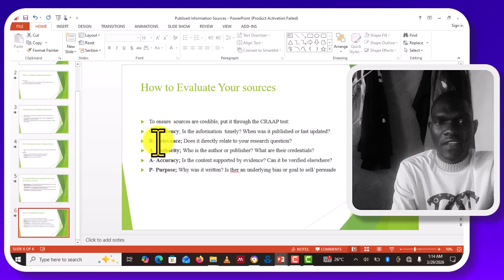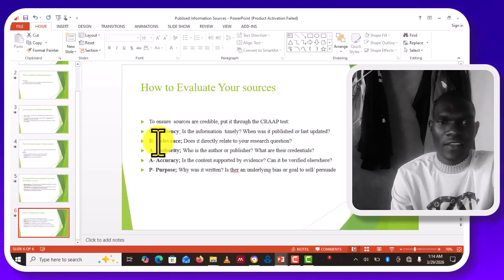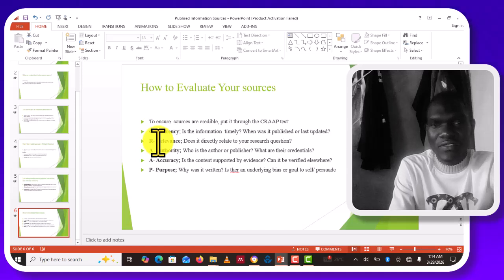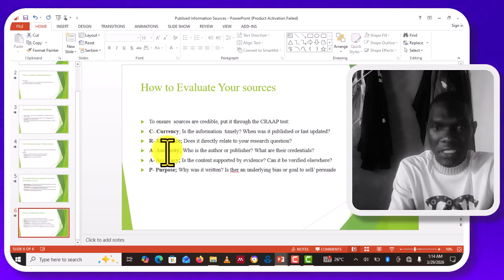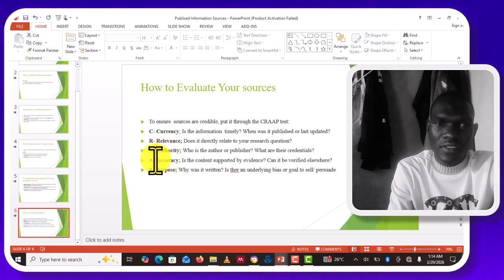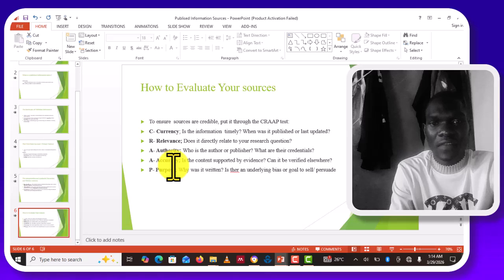R stands for relevance: does it directly relate to your research question? The third one is authority: who is the author or publisher? What are their credentials? The second S stands for accuracy, of course: is the content supported by evidence?